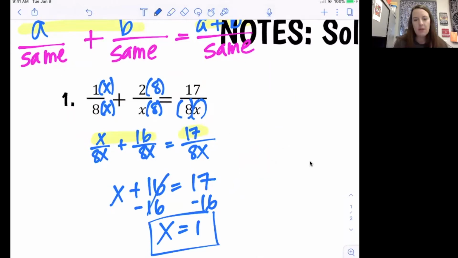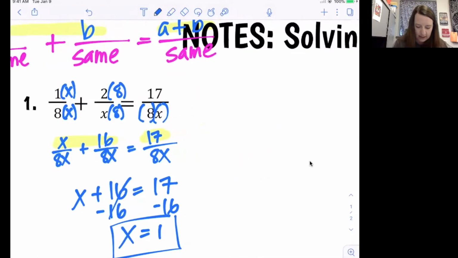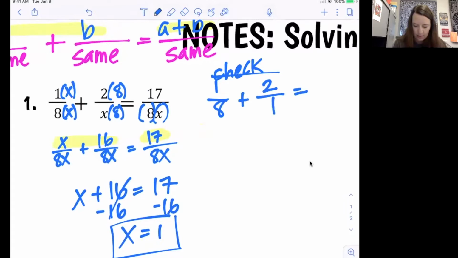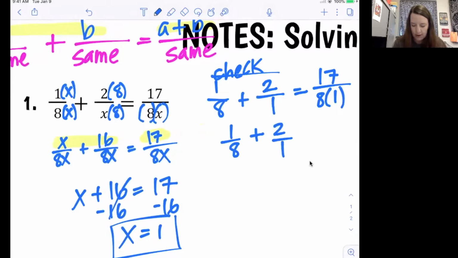Now, if I go back up there and plug in a 1 for x to check our solution, I have 1 over 8 plus 2 over 1 equals 17 over 8 times 1. So I have 1/8 plus 2 over 1 equals 17/8.